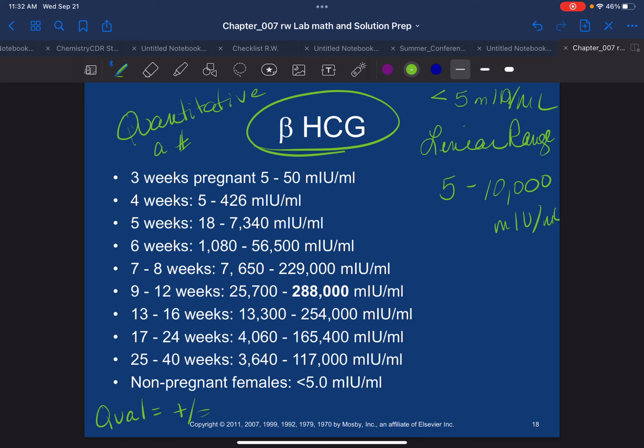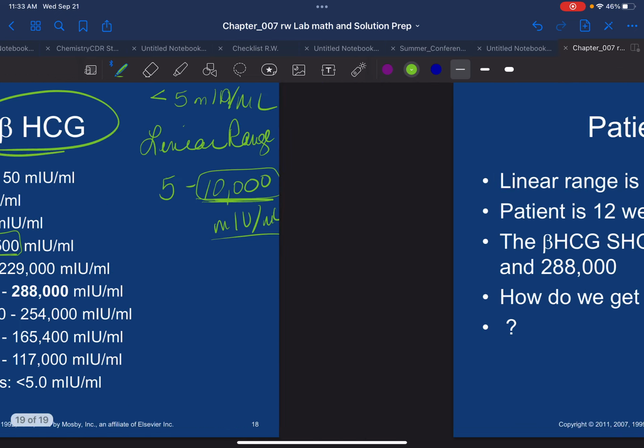But let's say the machine only reads up to 10,000 milli-international units per milliliter, and the patient is about 6 weeks pregnant. Well, we would need to do a dilution, because the machine is not going to pick up anything over 10,000. At about 6 weeks pregnant, it could be between 1,000 and almost 60,000. So this is an example of when we need to do a dilution.